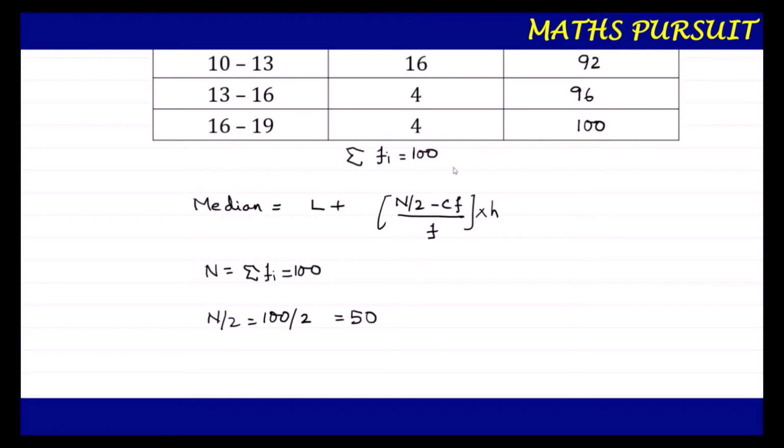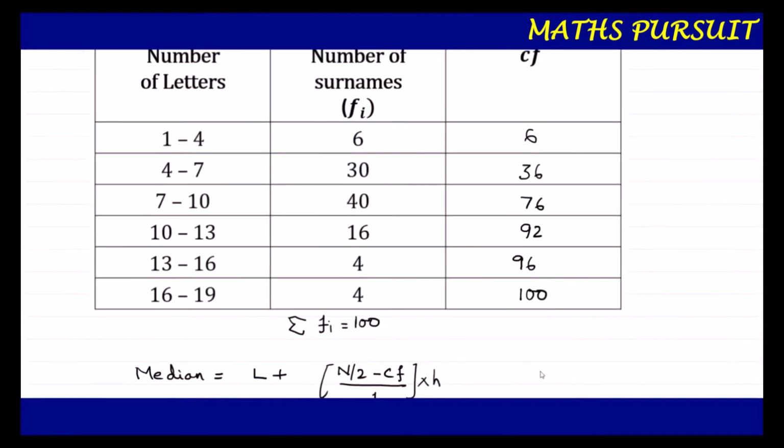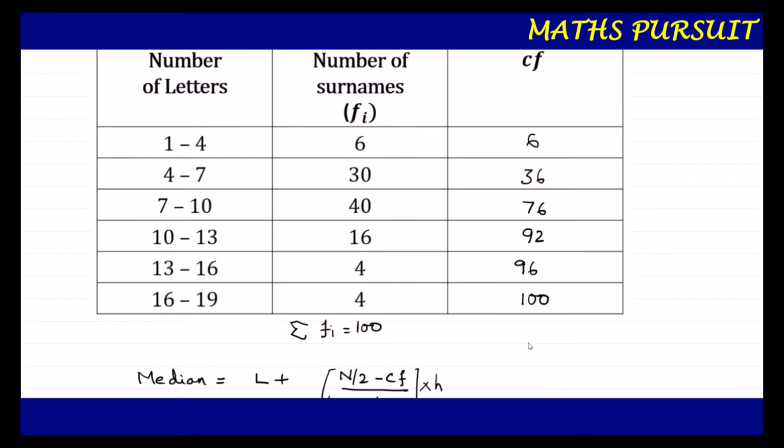Let us focus on the table that we are utilizing for our calculation. From this table, we got n by 2 is equal to 50. Now this n by 2 will help us to determine the median class. What is the median class here?